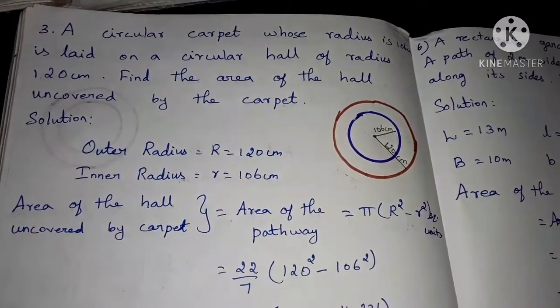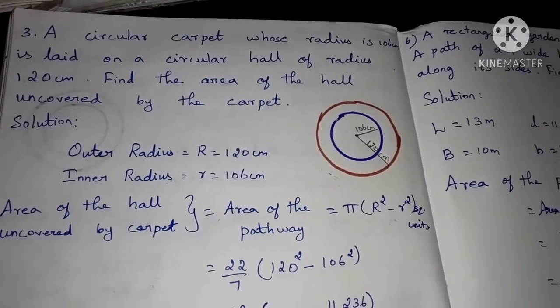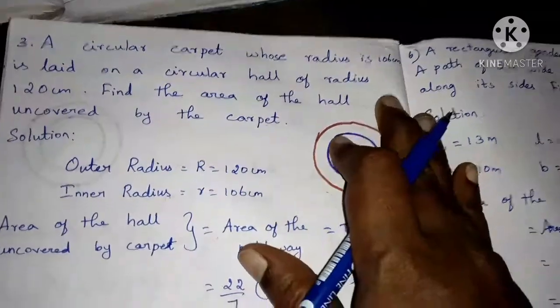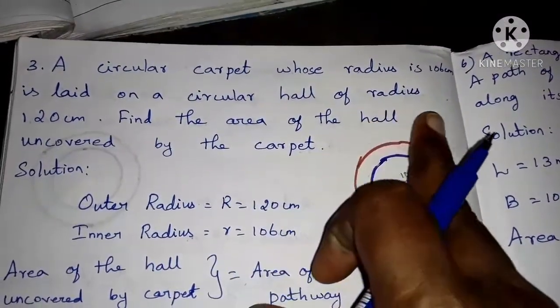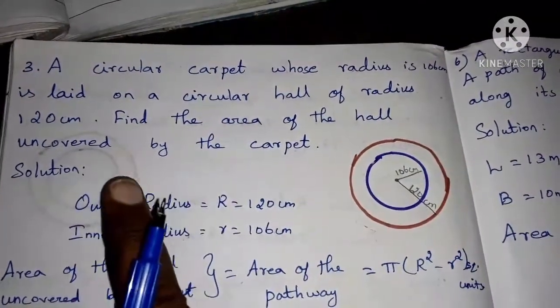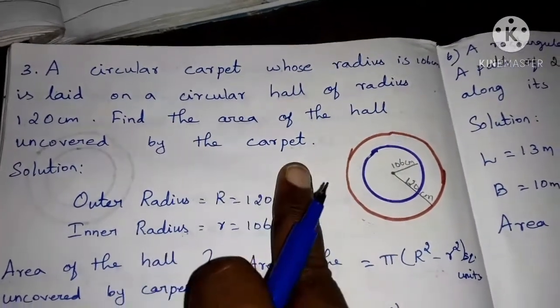Next, third question. A circular carpet whose radius is 106 centimeter is laid on a circular hall of radius 120 centimeter. Find the area of the hall uncovered by the carpet.